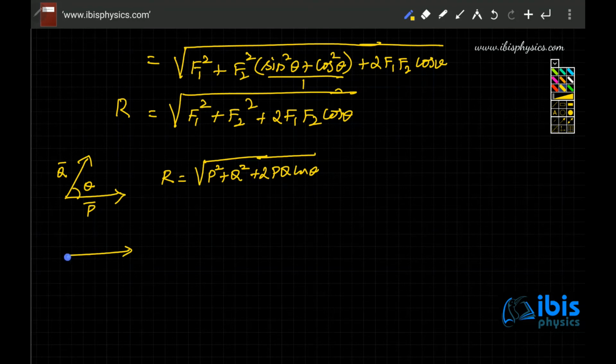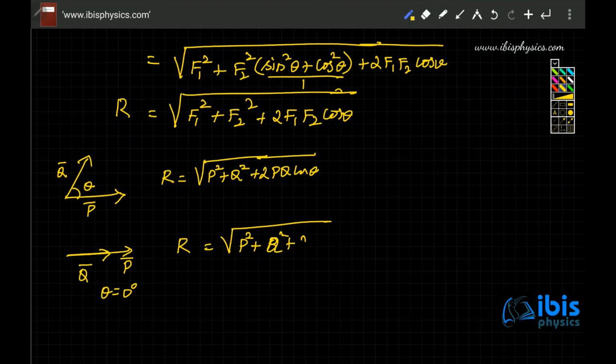P vector is here, q vector is also in the same direction. Then the angle between them, theta, is equal to 0 degrees. Then the resultant vector will be root over p square plus q square plus 2pq cos 0 degrees.